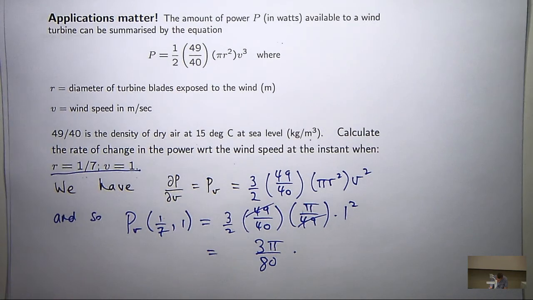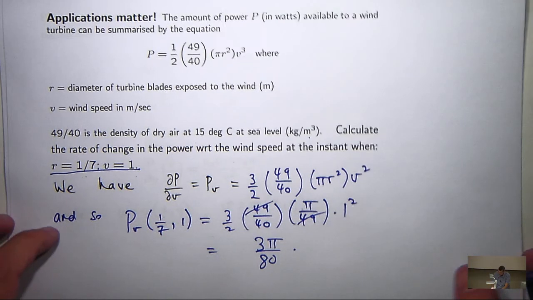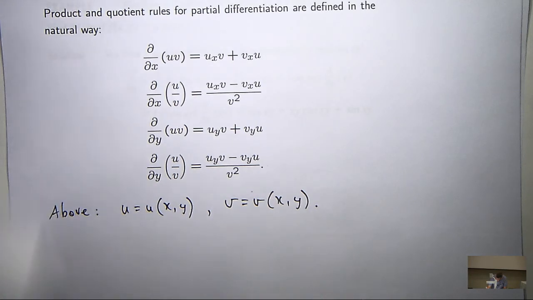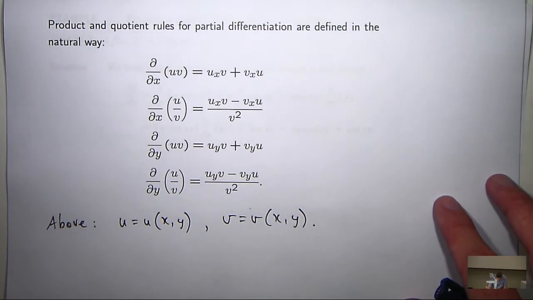Okay, so what other rules do we know from differentiation back at school? We know product rule, quotient rule, hopefully we know them, chain rule. I think that's about it. For partial derivatives, all of these things apply. Now we'll look at the chain rule in another lecture, but here's some basic product and quotient rules.